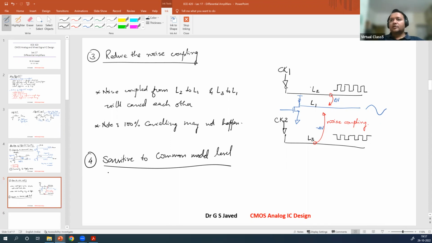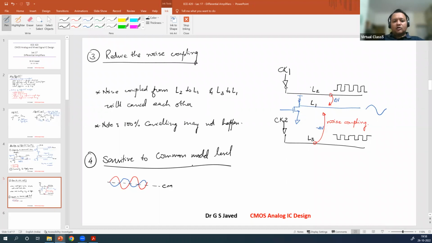What is the best way of showing this example? Suppose you have now two signals. One signal is this way, the other signal is this way. Okay. So this is signal 1, signal 2, and they have a common mode level like this.